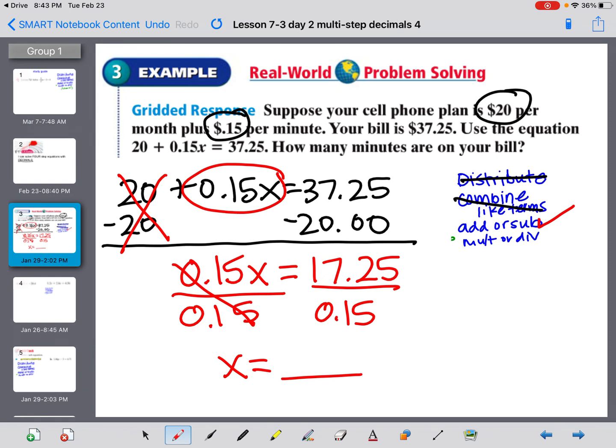And now your checkbox on your notes, you might need to use it for checking. You might also need to use it for a couple side problems, like 1725 divided by 0.15.